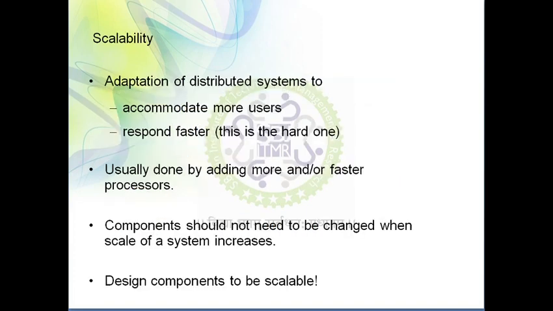Scalability: adaptation of a distributed system to accommodate more users and respond faster, usually done by adding more and faster processors. Components should not need to be changed when the scale of a system increases. Design components to be scalable.